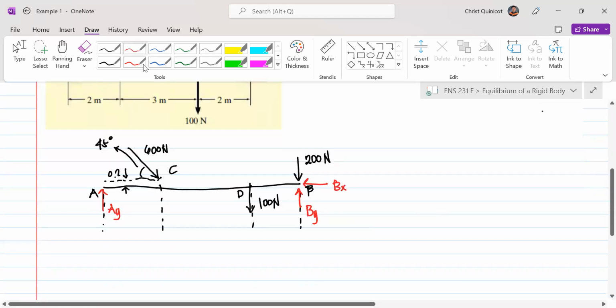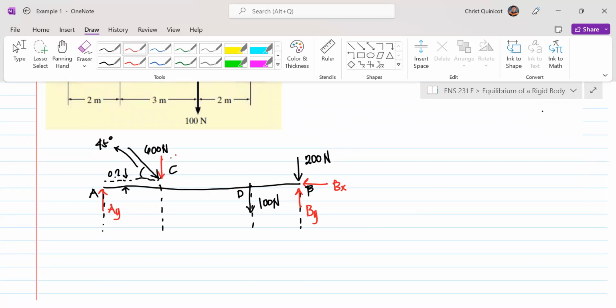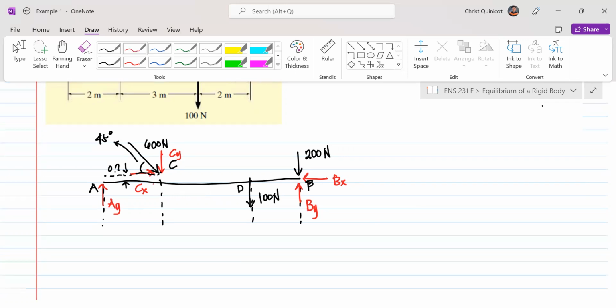Anyway, since we let this be point C, we have C sub Y, and to the right is C sub X. Of course, the distance of C sub X with respect to the line AB is 0.2 meters.